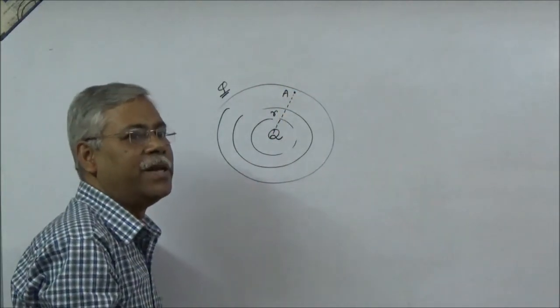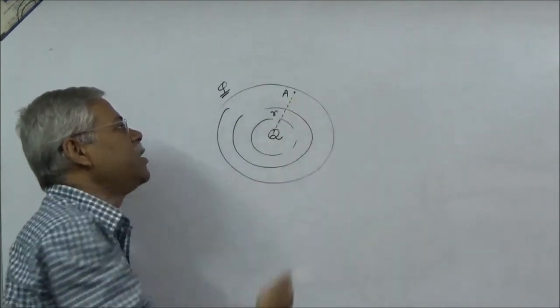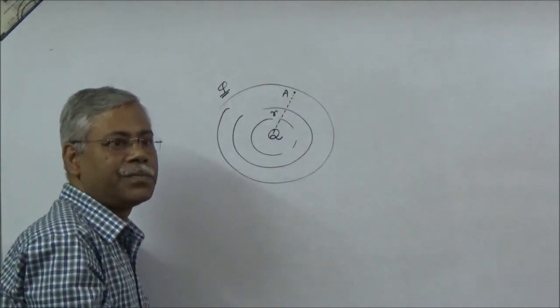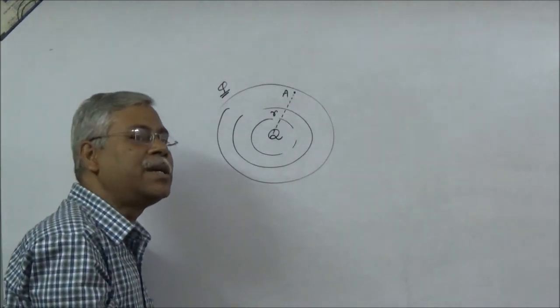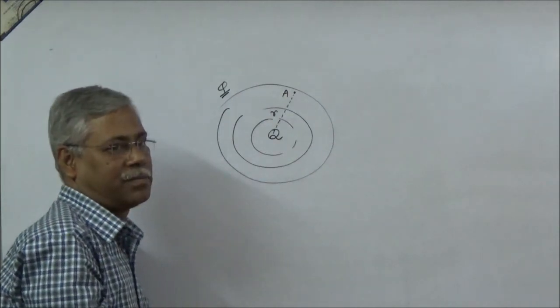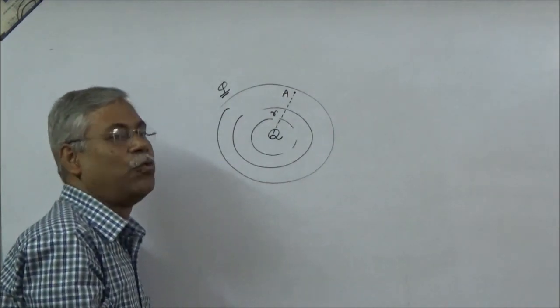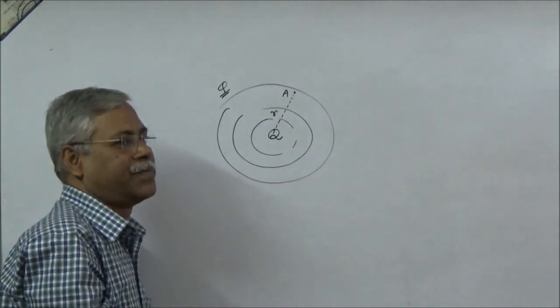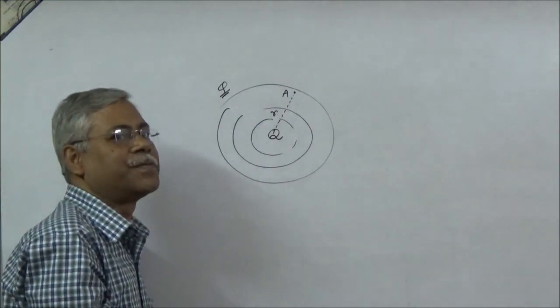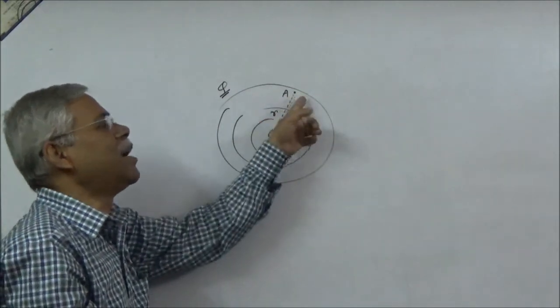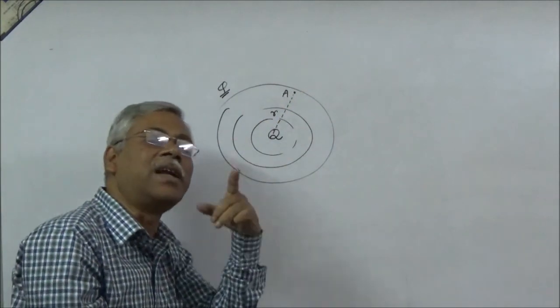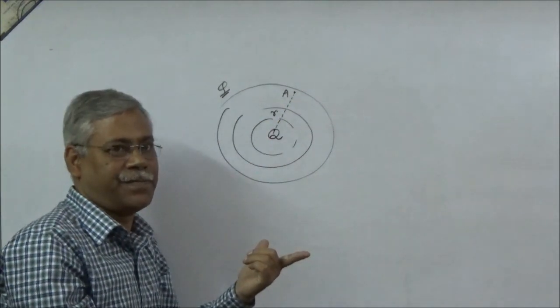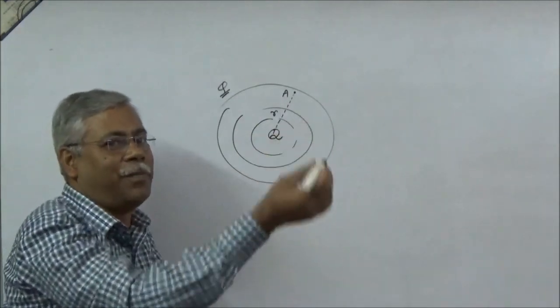How do you define potential at this point? It is the work done. Who will do this work? External agent, not the electrostatic force. It is the work done by an external agent. That could be you also, that you have brought.